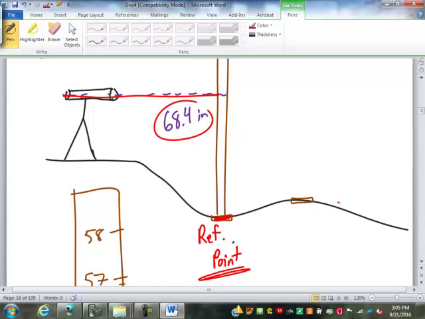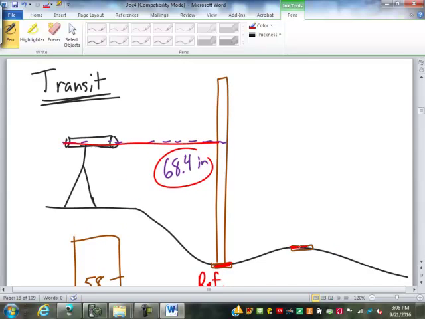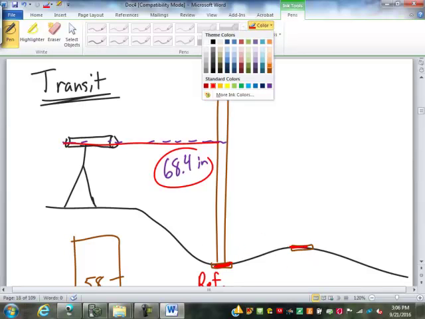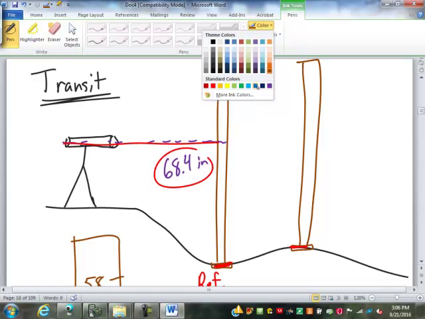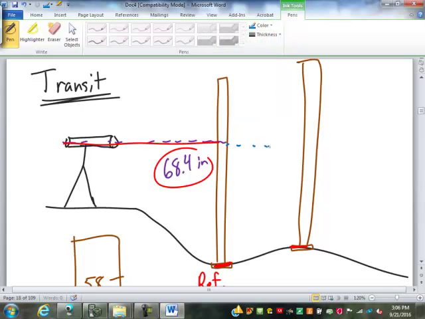When we go to scope out this spot on the ground right here, that's obviously higher than the previous place. So when I look through my scope at my scale here, since this point is higher, do I expect that number to be larger or smaller? Your instinct is to say larger, but remember, what we're measuring is the distance from the scope down to that point on the ground.